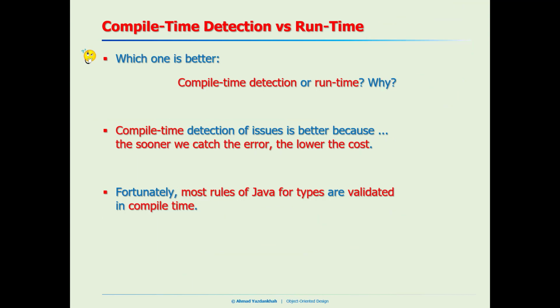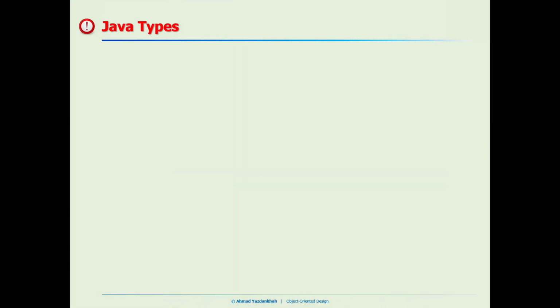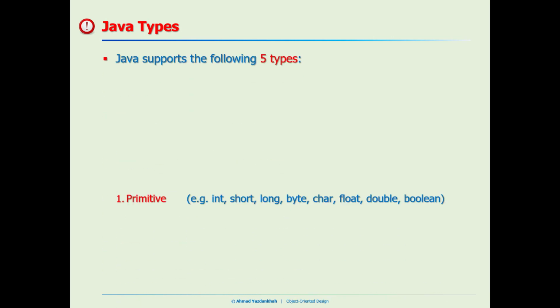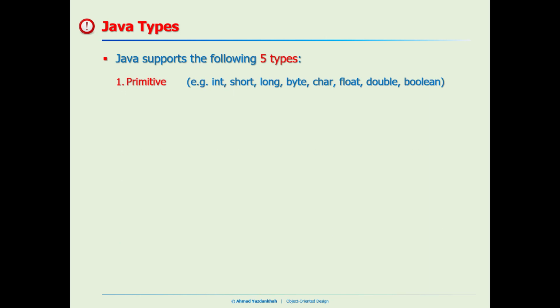now we are asking this question: how many types does Java support? Java supports 5 different types. First, the primitive types that we are familiar with, integer, short, long, and the rest of that. It supports the classes, cat, dog, employee, and whatever.